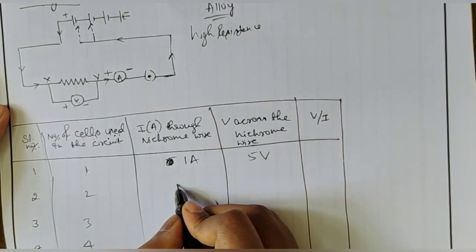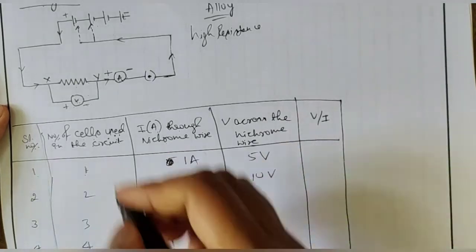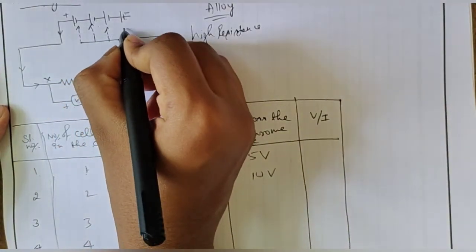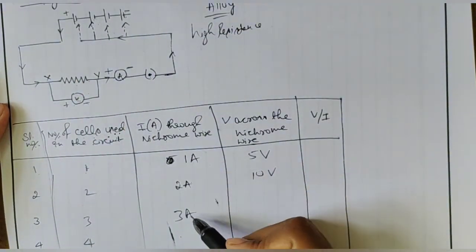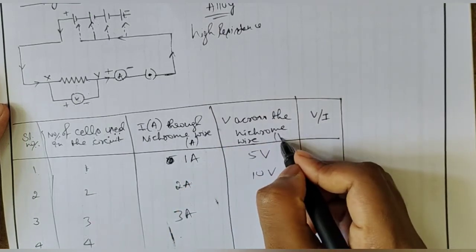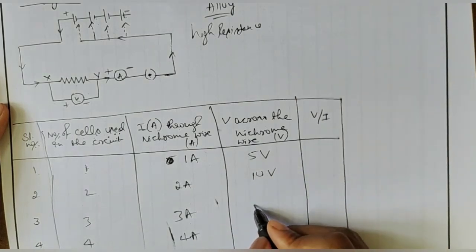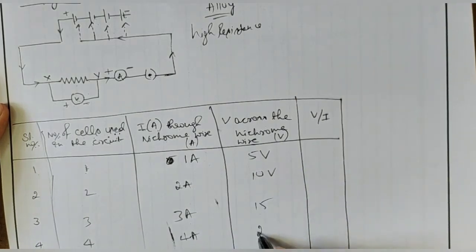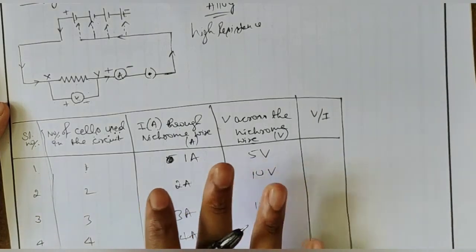Here I got a random reading of 2, and here I got 10 volt, and the same thing I need to repeat for each and every cell. It's not necessary to write ampere everywhere. If I have written it in the tabular column heading, it's okay. So here 4 ampere, and here 15 and 20. Based on the procedure, we finished the experiment.